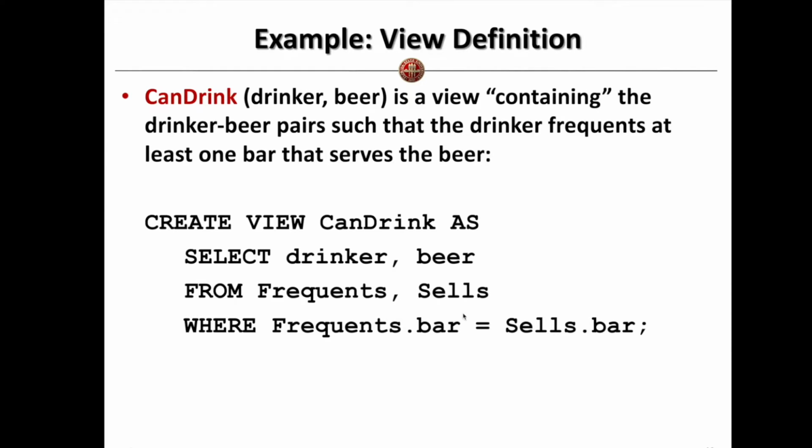So we provide a renaming for this query, right, as shown here, as CanDrink. So inside this view CanDrink, we have two attributes, drinker and beer. However, this CanDrink never appears in the tables. It doesn't exist in our database system. It's a renaming for its query, right?